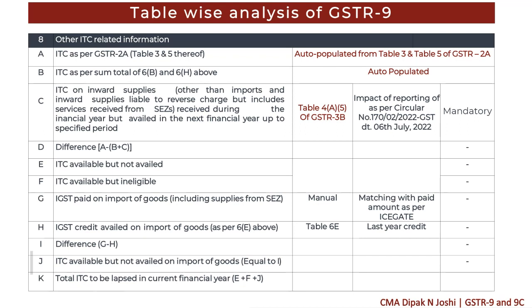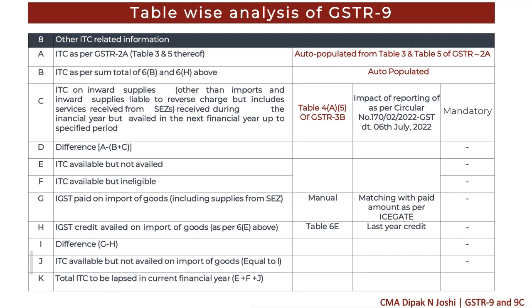Table 8H provides the information of IGST availed on the import of goods. Right. Now, in this case, again, there may be a case where you have availed the import credit pertaining to the previous financial year in the current financial year. So in that case, there might be a difference between table 8G and table 8H. In table 8G, we require to provide information of IGST paid on import of goods, whereas in table 8H, we are providing information of ITC availed on import of goods.